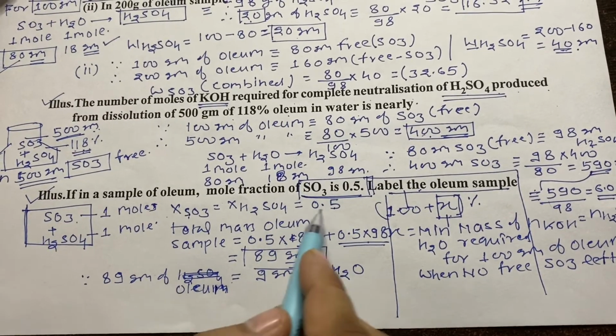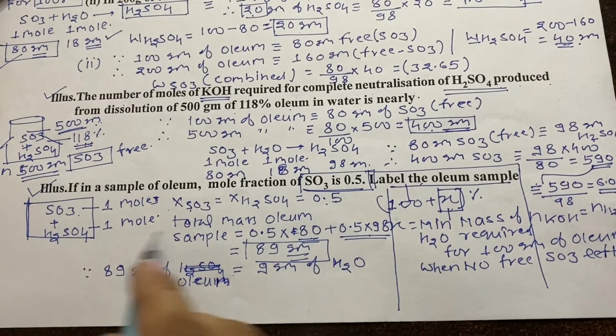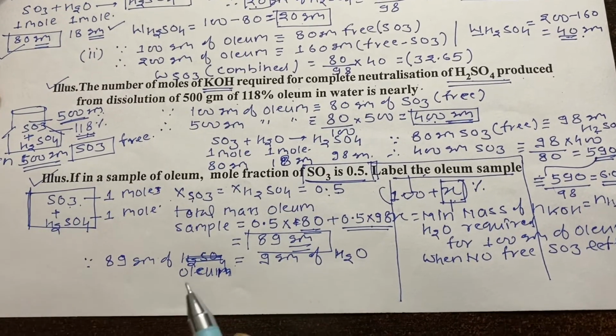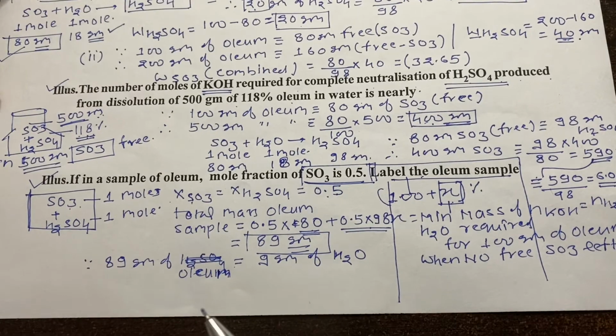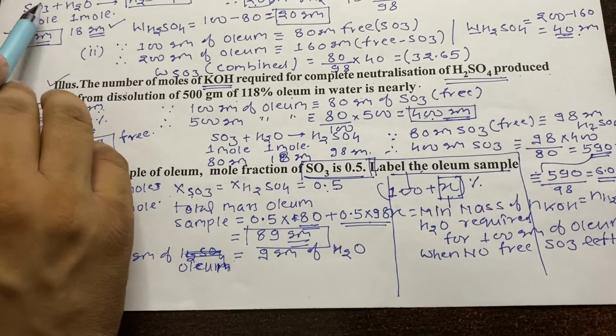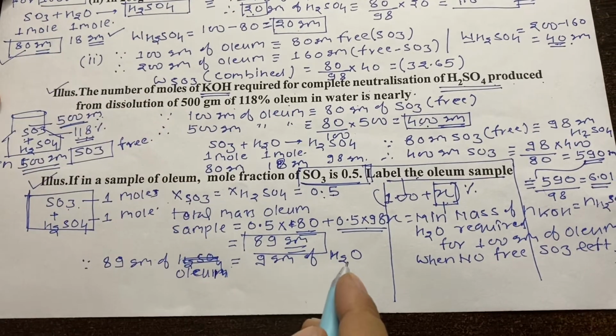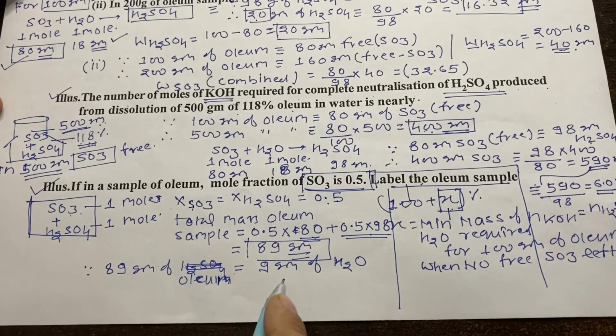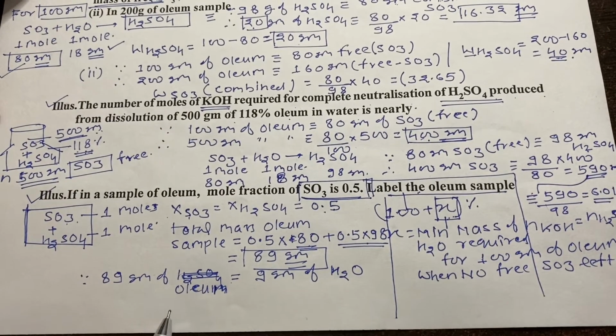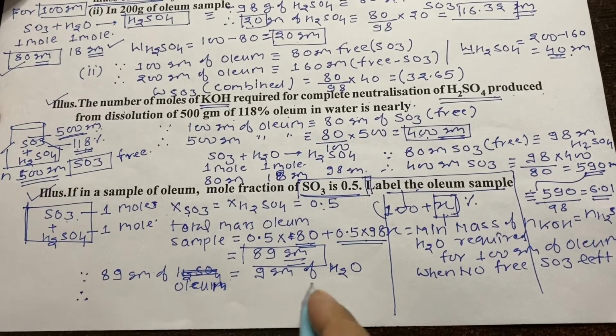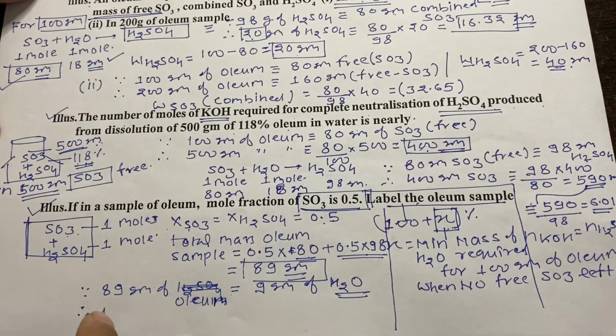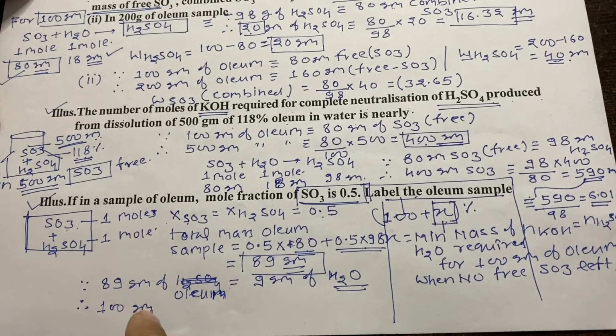Mole fraction of SO3 is 0.5. So with respect to SO3, the moles of SO3 and the moles of H2O will be equal by this reaction. So 9 gram of H2O is required for 89 gram of oleum. So to calculate X, we will calculate this amount of water for 100 gram of oleum.